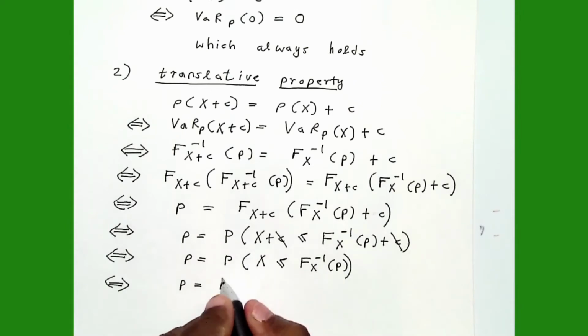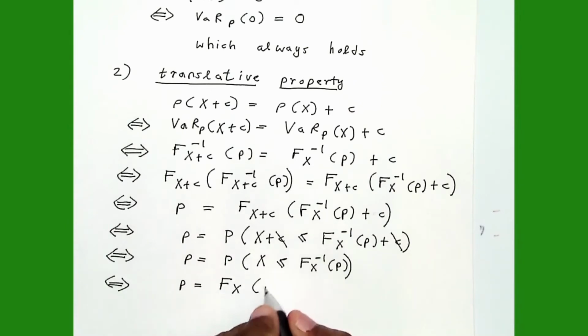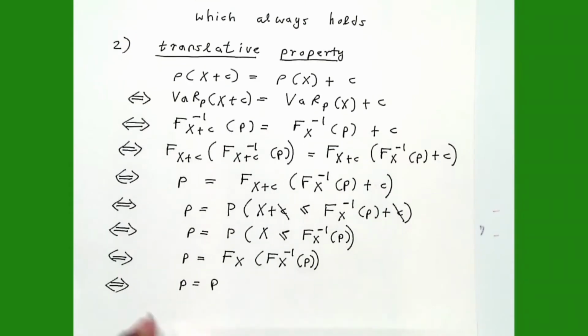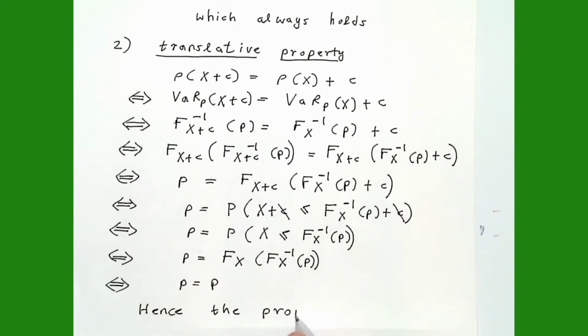This, by definition of the CDF, is this, right? So hence we have shown that p is equal to p, which is always true. All right, hence the translative property holds. All right, so that's number 2.